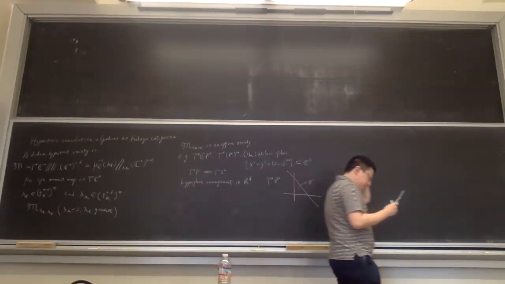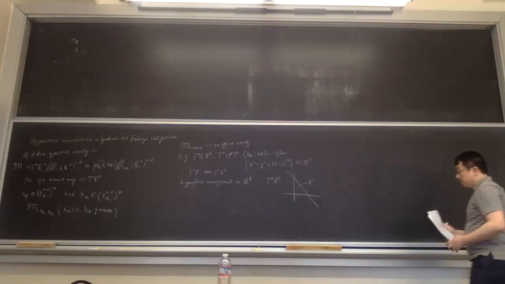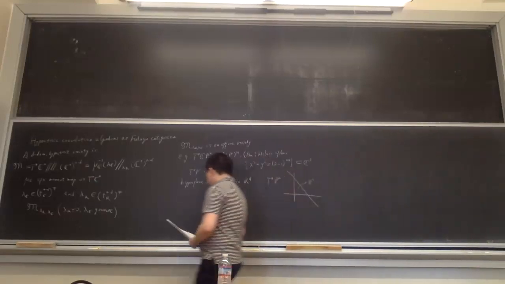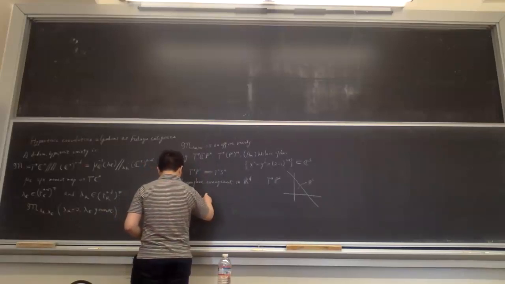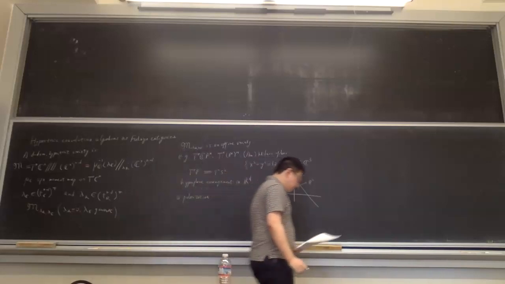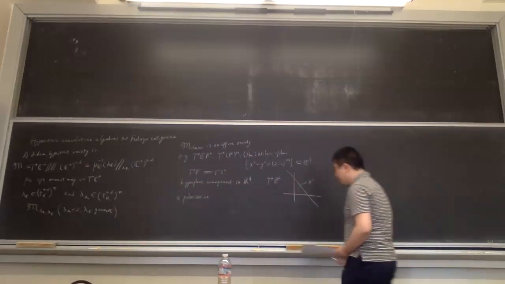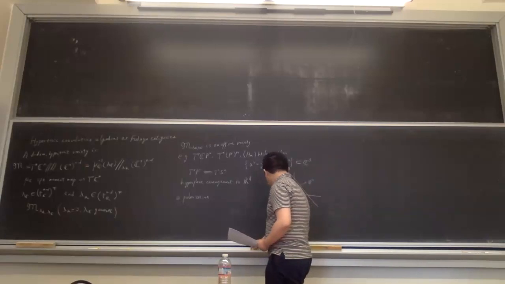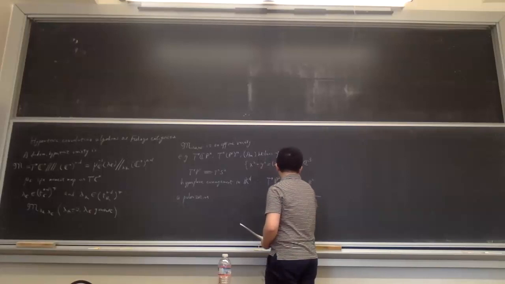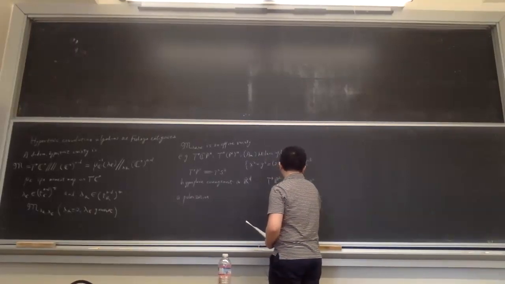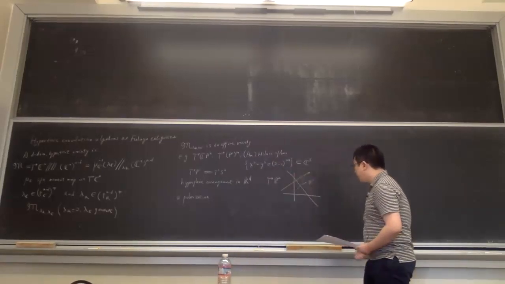For the study of symplectic geometry, I'll need an additional piece of data, which is a polarization. So a polarization of a hyperplane arrangement is, roughly speaking, and I'm not going to write down the formal definition, a choice of an additional hyperplane inside this picture, which in some sense has different slopes from all the other hyperplanes.